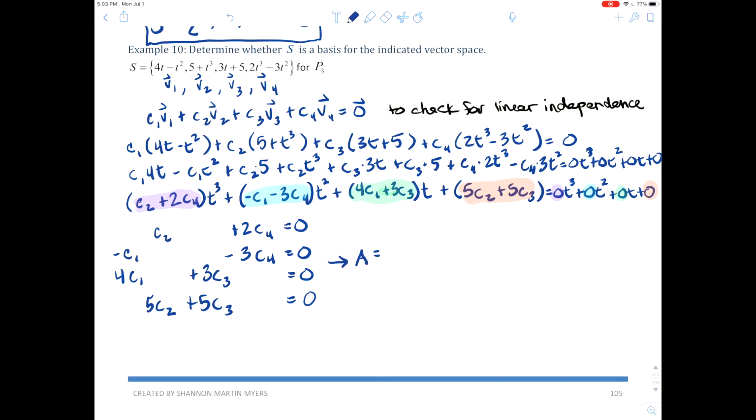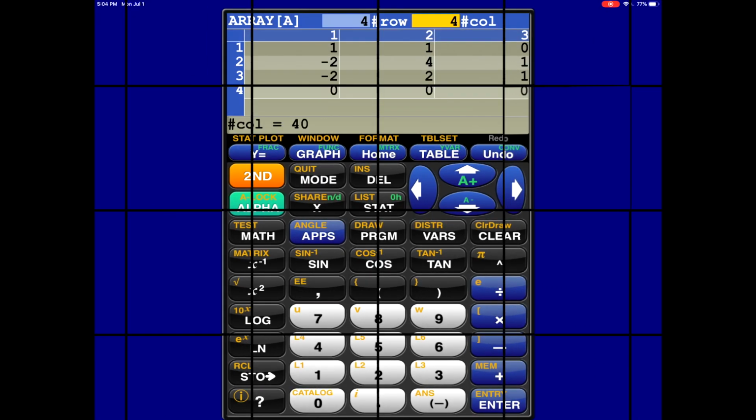Our coefficient matrix A is going to equal 0, 1, 0, 2, negative 1, 0, 0, negative 3, 4, 0, 3, 0, and then 0, 5, 5, 0. Cool, cool?